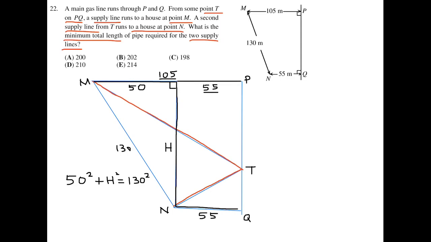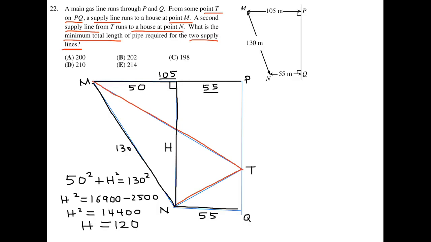All right, using this triangle right here, MN to this point. So solving, we get h squared is equal to 16900 minus 2500. And that is 14400 is h squared, and therefore h is equal to 120.